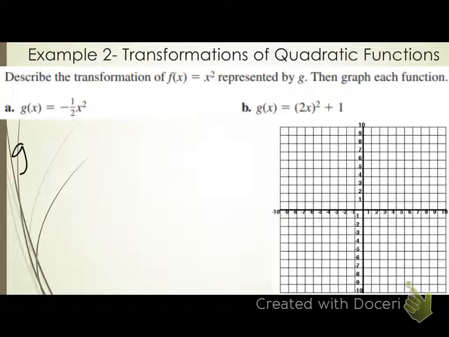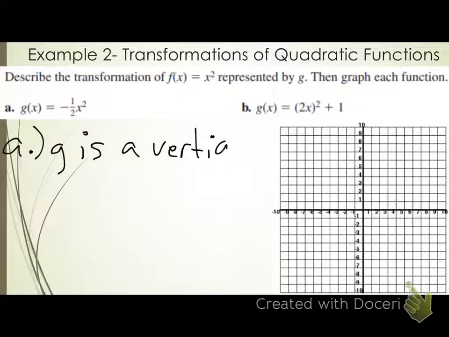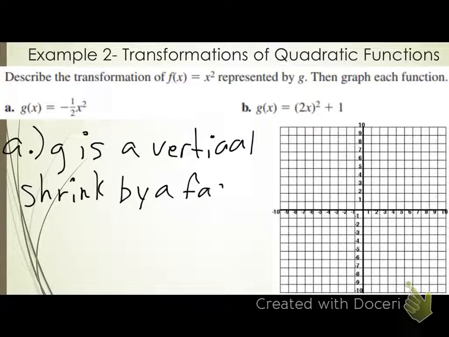So this is letter A. G is a vertical shrink. What's the factor here? 1/2. Very good. G is a vertical shrink by a factor of 1/2. Are there any other transformations occurring here? Very good.